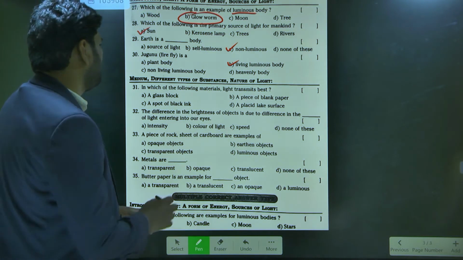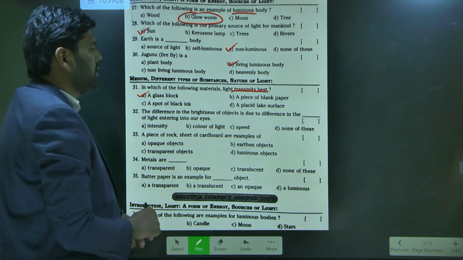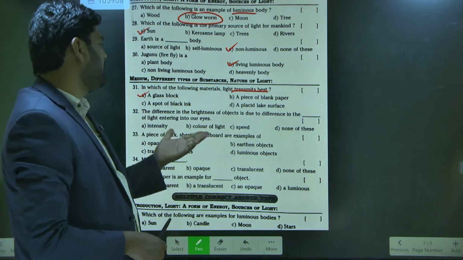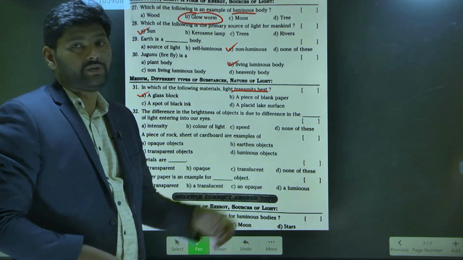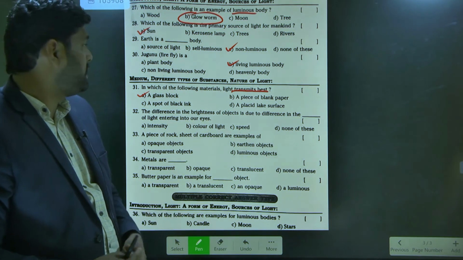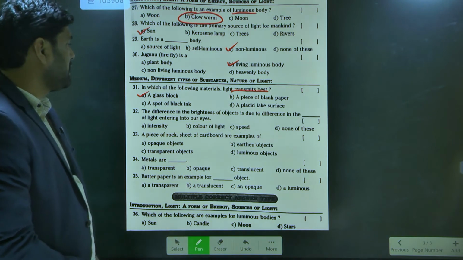Surely the answer for best transmission of light is the glass block. Even the lake surface will transmit light, but it is asking for the best, so the glass block is the very best transmission of light.